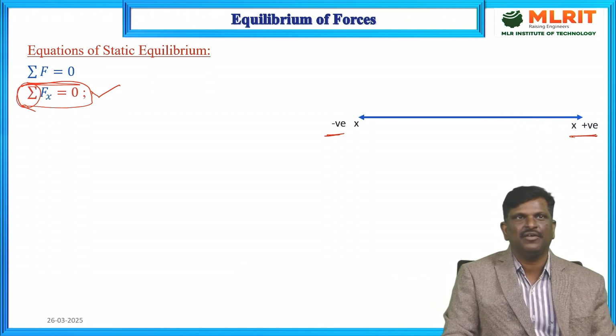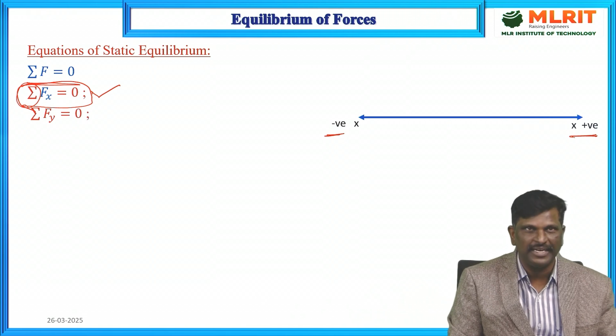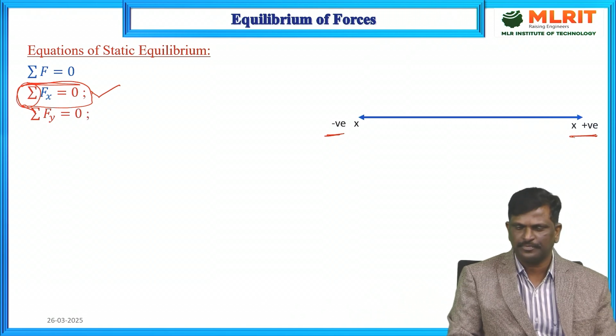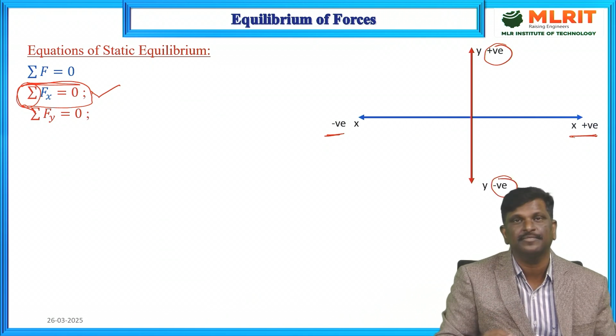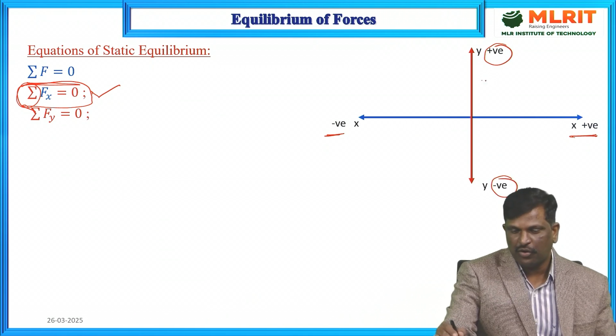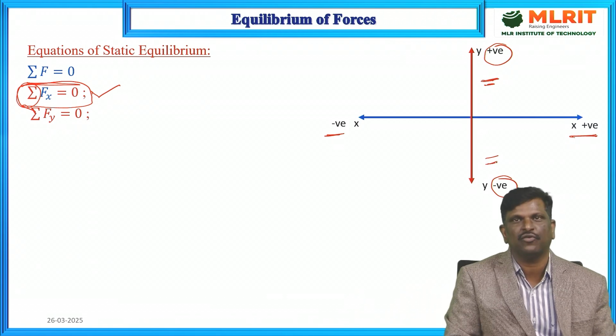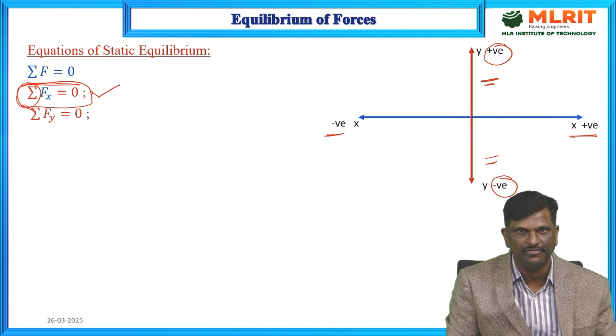Similarly, sum of all forces acting along y direction is equal to 0. Now I am assuming upward plus and downward minus. The sum of all upward forces must be equal to the sum of all downward forces, so that they balance themselves and vertically there will be no unbalanced force.